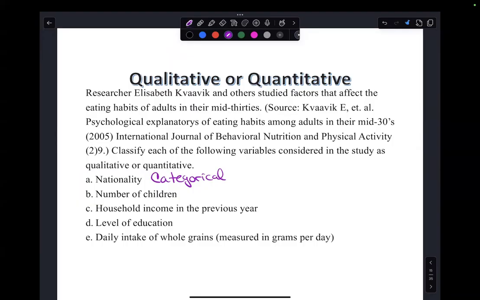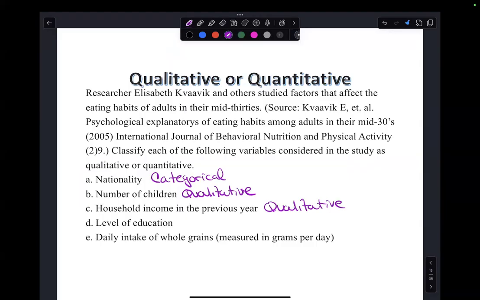Number of children. Number of children is something I can do math with. Therefore, it is quantitative. Household income in the previous year, once again, I can do math with it. And trust me, I do a lot of math with income. So level of education.